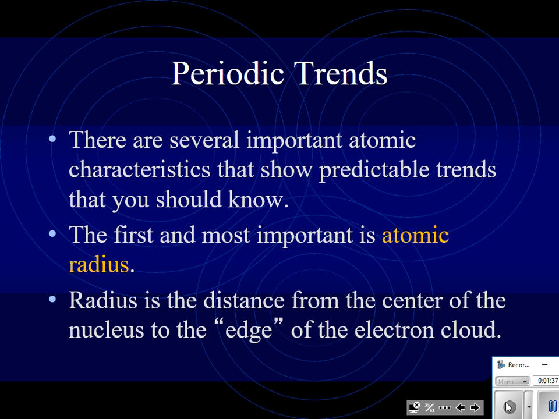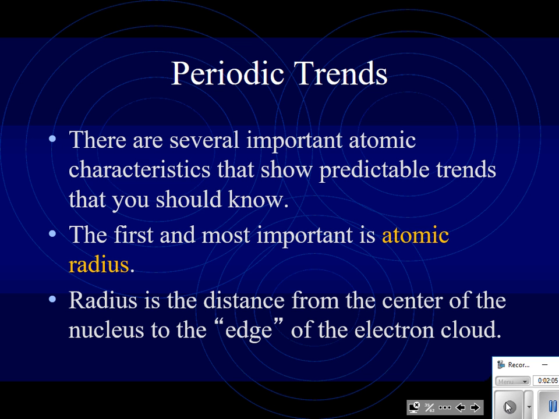Now, just to say a little bit about this slide and note-taking skills, okay? If you go through and look at this, periodic trends, there are several important atomic characteristics that show predictable trends that you should know. Now, do you think that's essential to write down? No, okay? The first and most important is atomic radius.